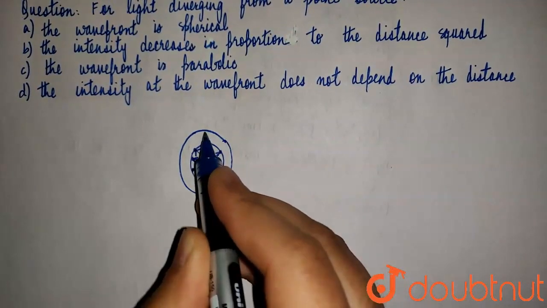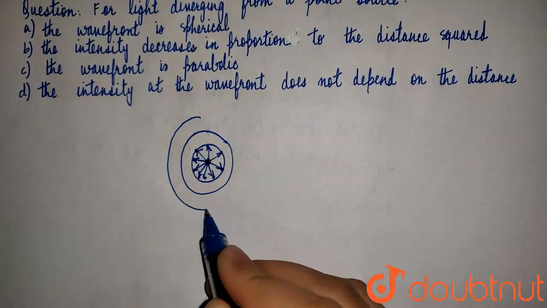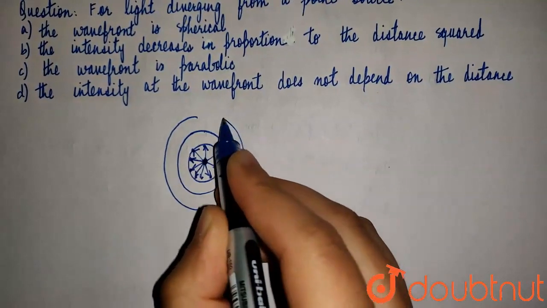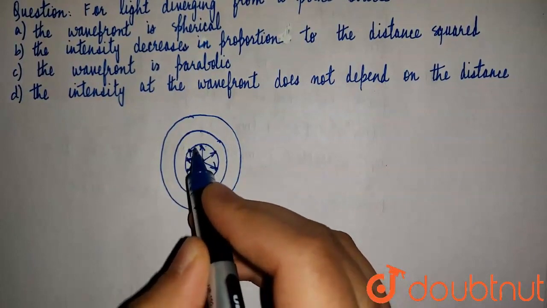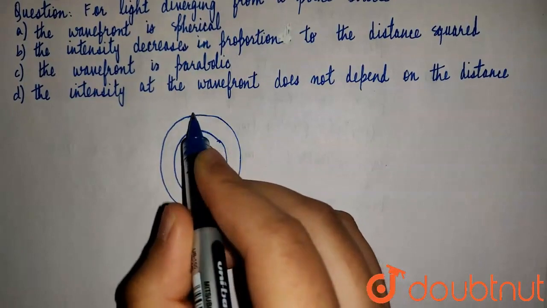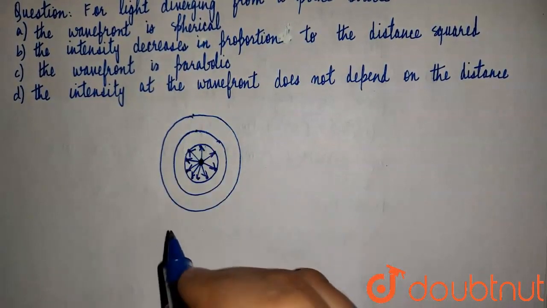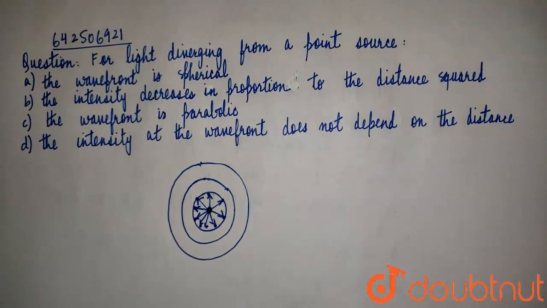Then this wavefront will become the source of the next wavefront. See, the point source is the source of this wavefront, this wavefront is the source of the next, and this wavefront will be the source of this wavefront. So yes, the wavefront for a point source will be spherical.